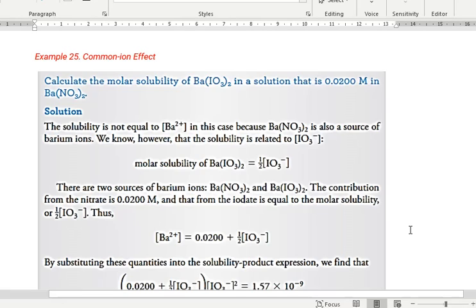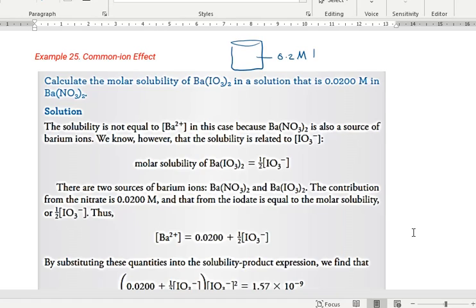Calculate the molar solubility of barium iodate in a solution that is 0.2 molar in barium nitrate. Okay, so here you are asked for the molar solubility of barium iodate. So in your beaker or flask, there is already 0.2 molar barium nitrate, and you are asked for the molar solubility, so you mix in barium iodate.